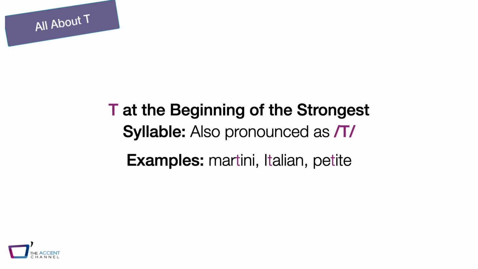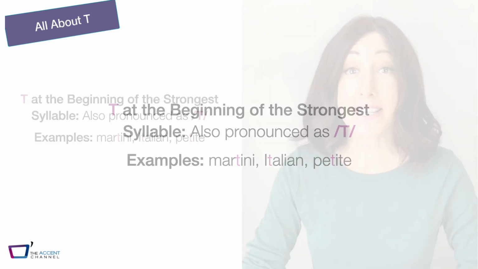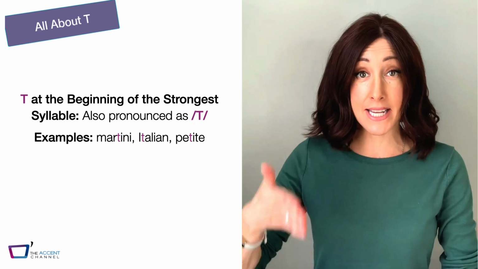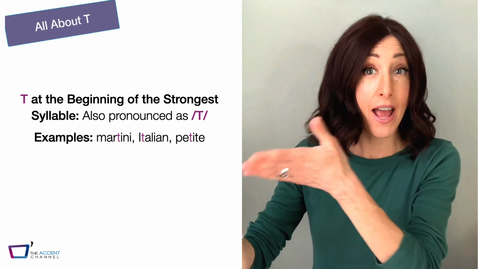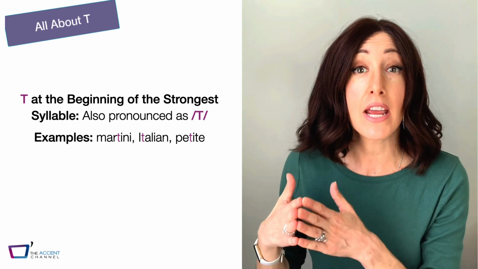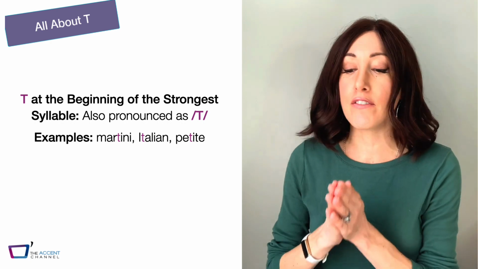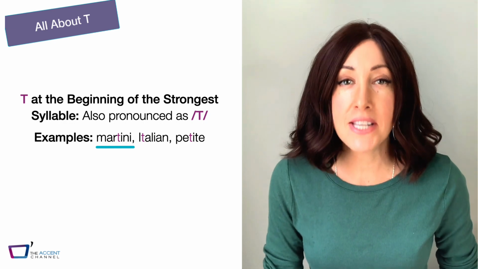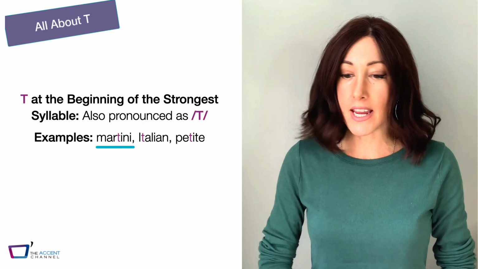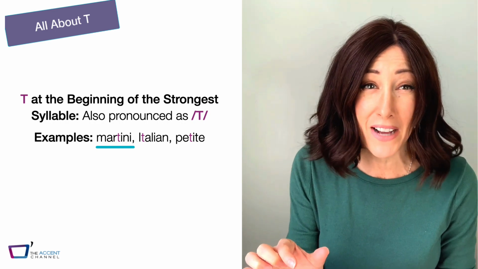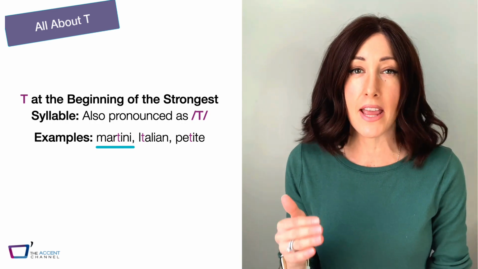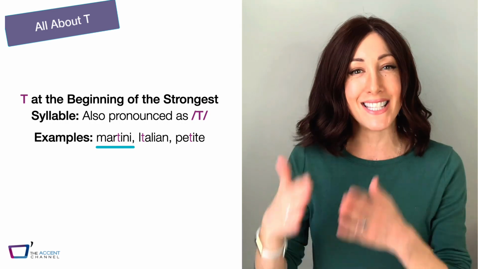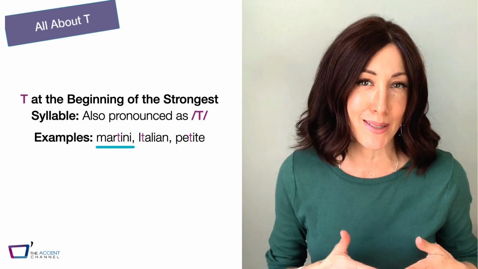When T is at the beginning of the strongest syllable, it's pronounced as a true T, exactly the same way as the T is pronounced at the beginning of a word, and that's the first rule that we learned. It's T when it's at the beginning of the strongest syllable. So we say martini, not Mardini. Even though it's an RT between vowels, we don't say Mardini, we say martini, because the T is at the beginning of the strongest syllable.